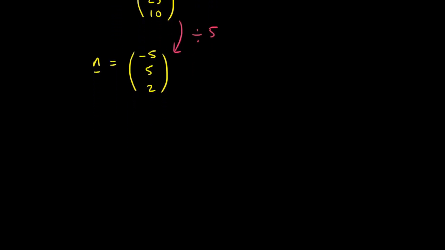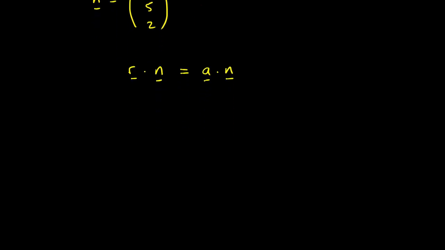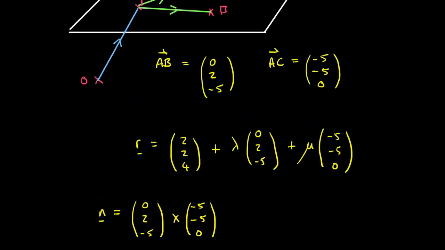Now, what did I say earlier? I said that we can get the Cartesian equation by doing r dot n is equal to a dot n. So I take r, which is the x, y, z vector, and I take the scalar product with (-5, 5, 2). And I take my a vector, which is any position vector that's on the plane.